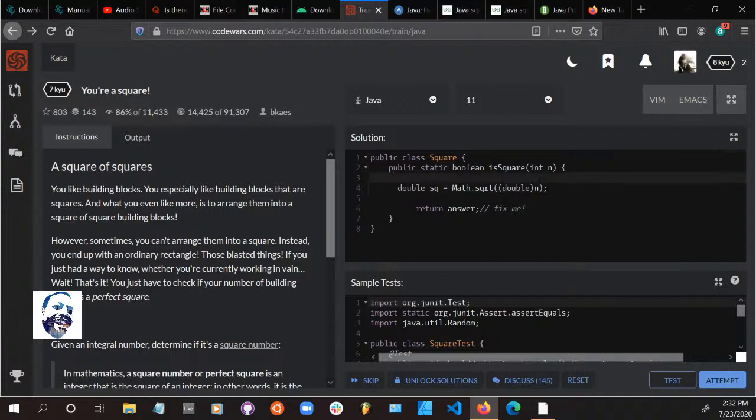No, no, no, I can't do it like that. I have to say double result. This is the root though.